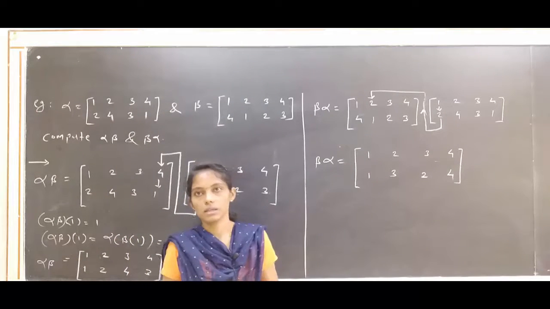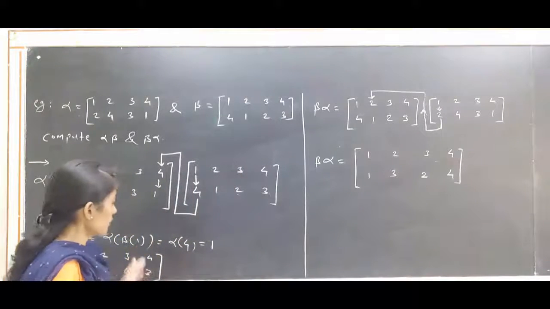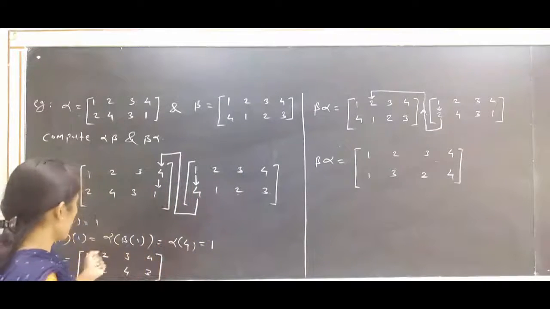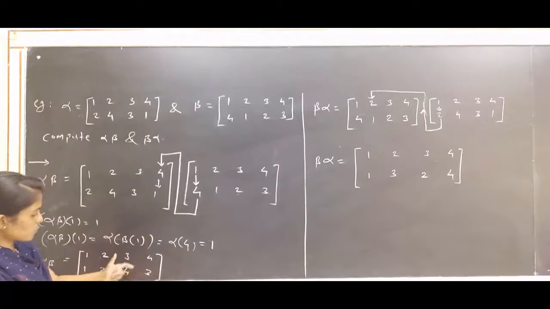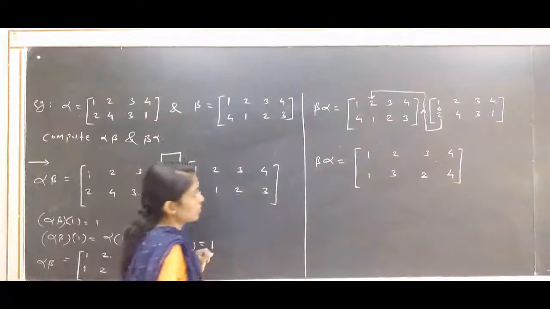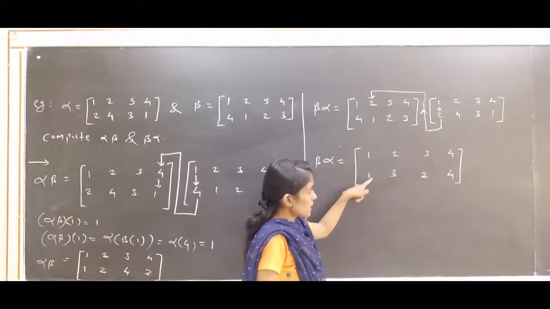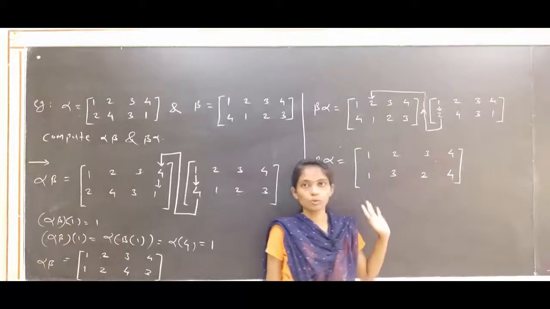Remember this thing. Okay. Now observe this alpha beta and beta alpha. So here 1 maps to 1, 2 maps to 2, 3 maps to 4 and 4 maps to 3 in alpha beta. And in beta alpha 1 maps to 1, 2 maps to 3, 3 maps to 2 and 4 maps to 4.